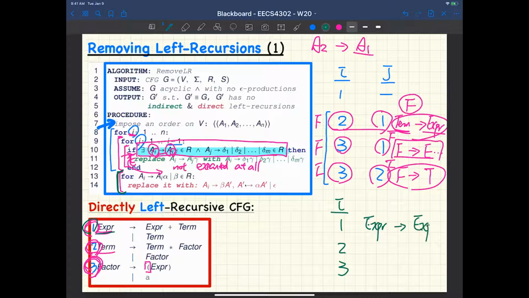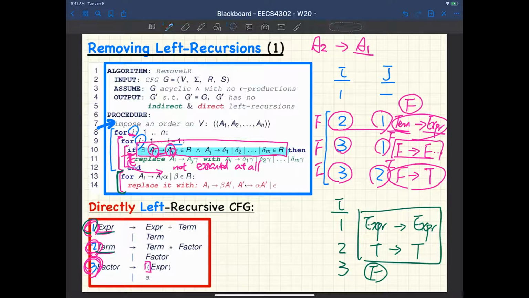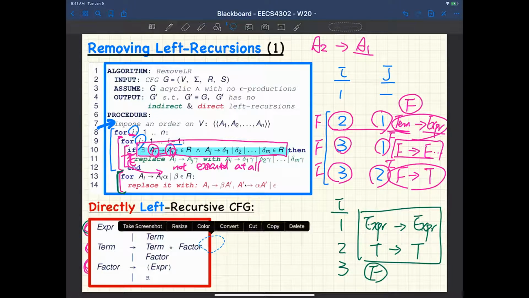First of all, let's realize we do have direct recursion, right? And similarly, we got term produces term. But for factor, we don't. So it's false. So these are the 2 direct left recursions we have to remove. But how do we do that? Let me do this more carefully in fresh slides and then show it to you.